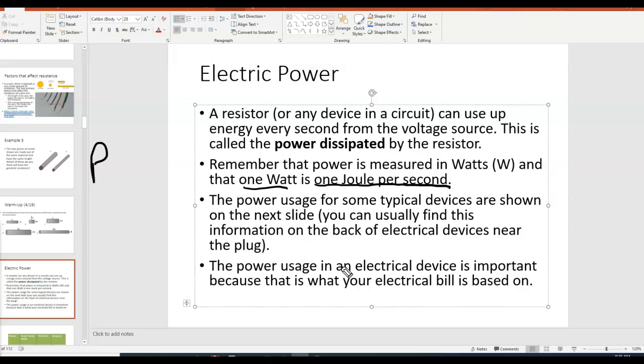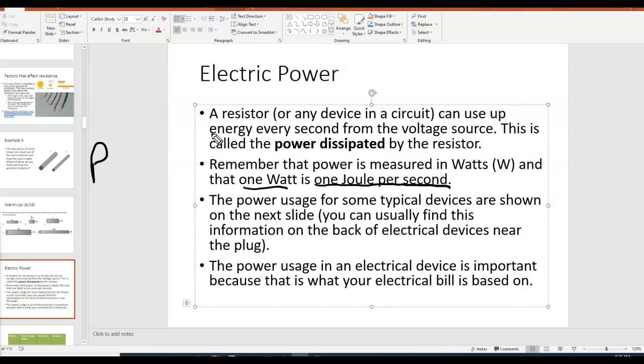Now, typically when you're talking about electrical devices, you can find the power usage either on the back or on a chart that you can look up online. The reason power usage is important, practically speaking, is that power usage is what you pay for when you pay your electric bill.